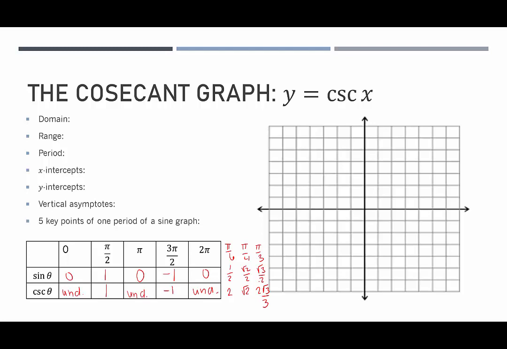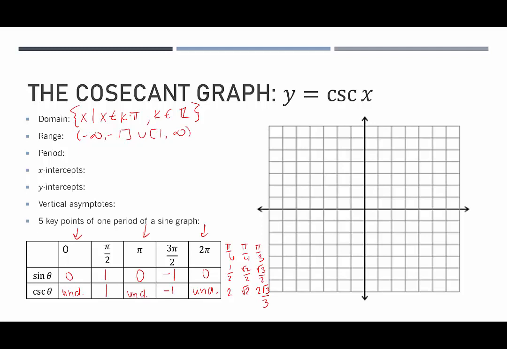Okay, so now we're going to use this to identify other key things about our cosecant graph. The domain, do we have restrictions? Yeah, we do. We have an issue at 0, we have an issue at pi, 2 pi. So we're going to say x such that x does not equal k times pi, and k is an element of the set of integers. The range, much like the secant graph, is going to go from -infinity to -1, and then it's going to stop, and then it's going to go back to 1 to infinity.